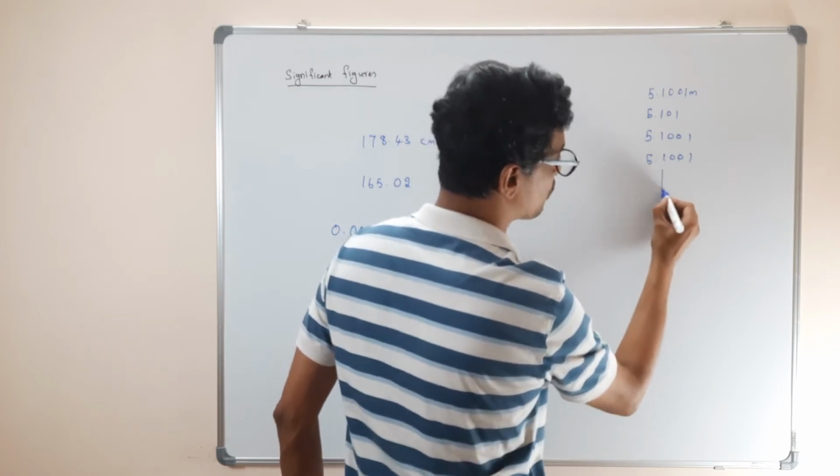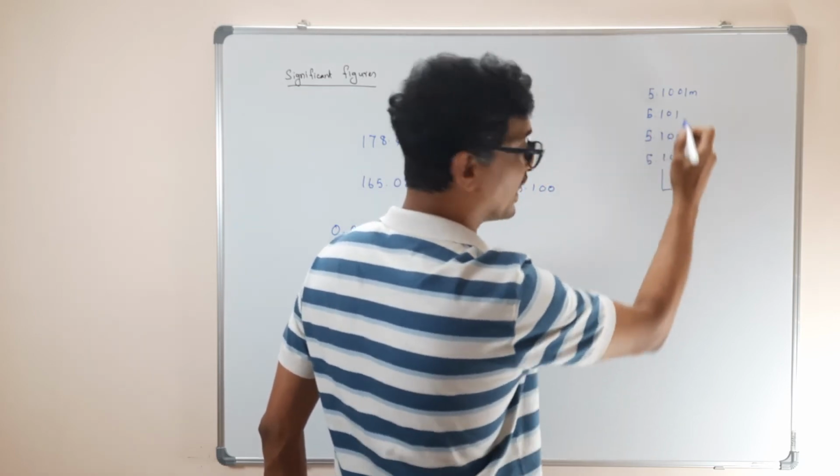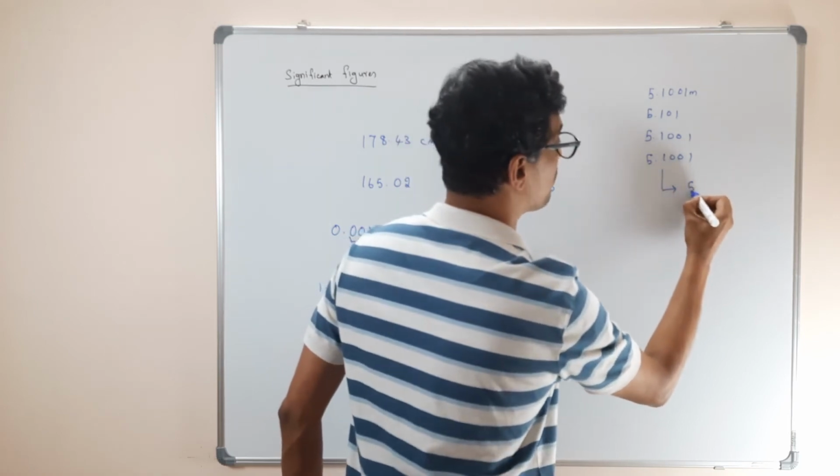So when you take the most probable value and the significant figures, what you will get is 5.100.